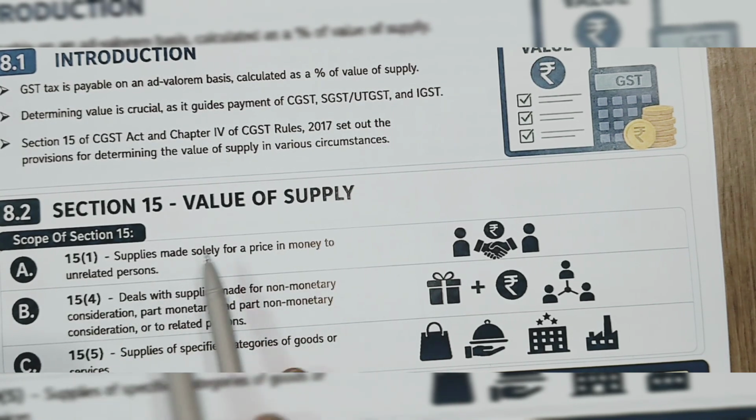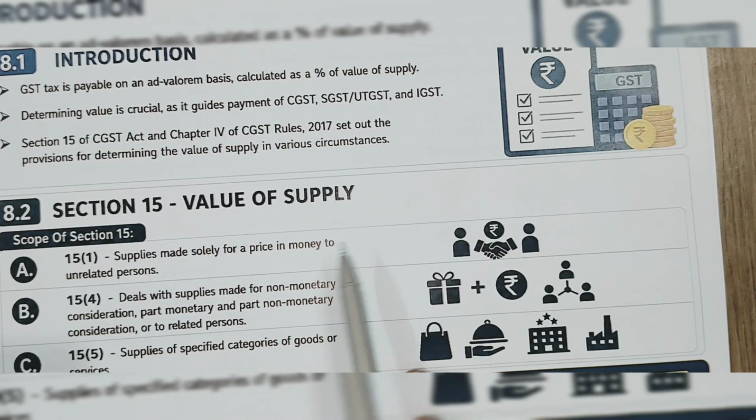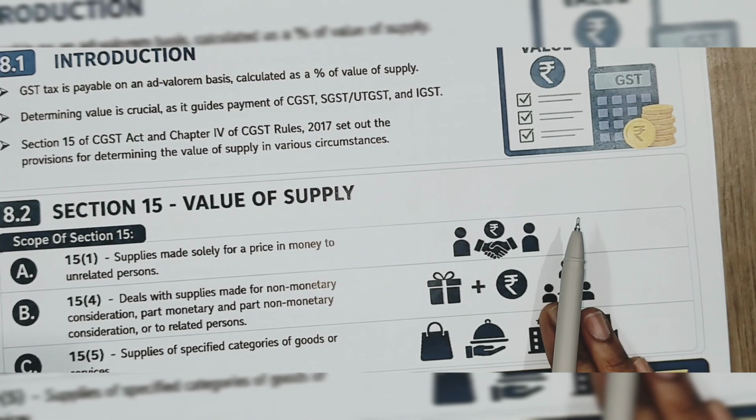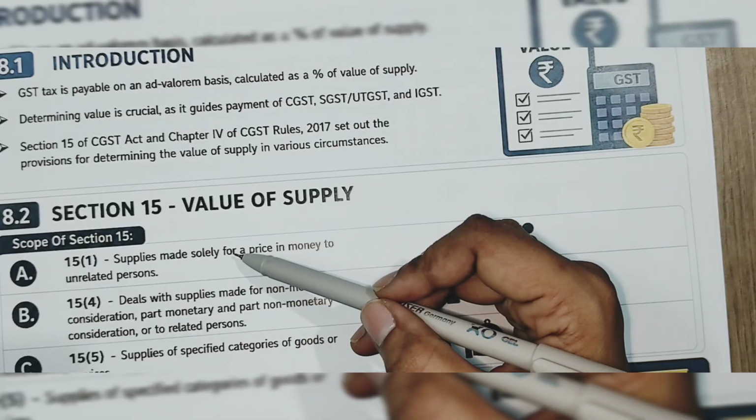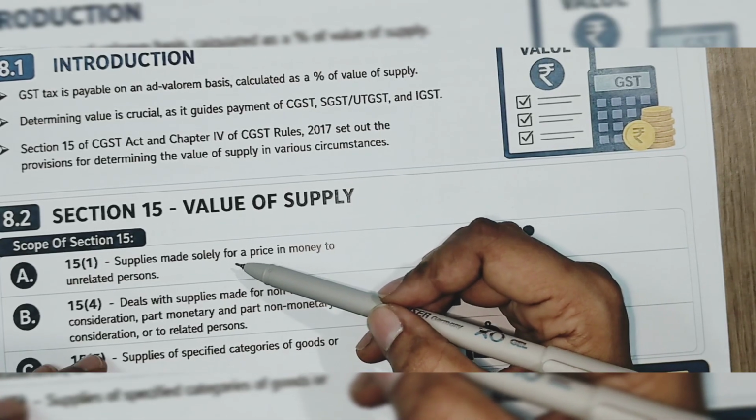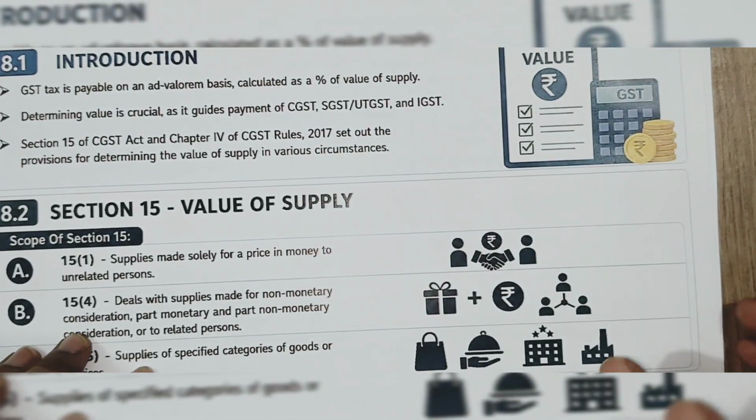Subsection 1 deals with supply made solely for the price in money to an unrelated person.